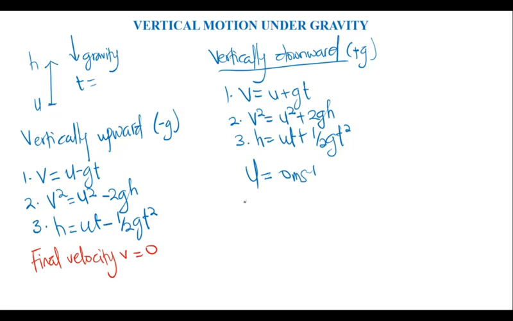That is because the body has already been thrown upwards and it is now coming down. So it is coming down with a new velocity, which is the final velocity and not the initial velocity. We need to take note of these two things. For a body going upwards, final velocity is 0. For a body coming downwards, initial velocity is 0.